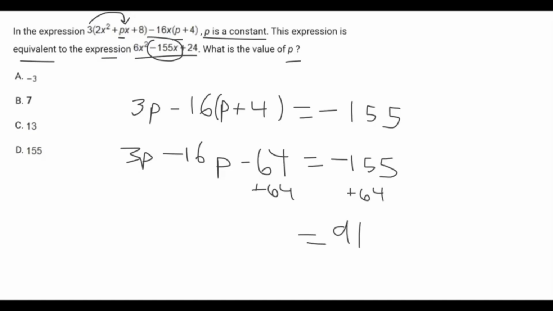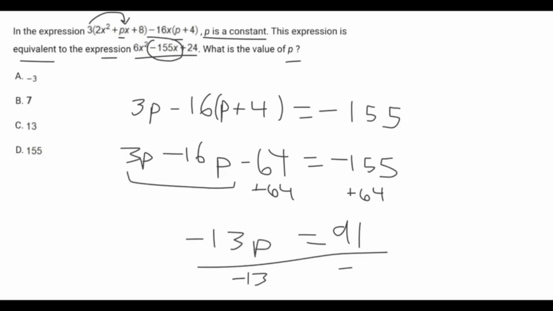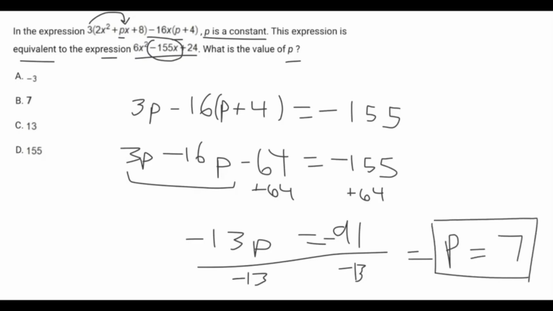And so now we're left with 3p minus 16p on the left side, and that will give us negative 13p. All right? And we can divide by negative 13. Oh, I actually made a mistake here. It's negative 91. That makes sense because a negative over a negative. So negative 91 divided by negative 13 gives us p is equivalent to 7. All right, so our answer choice is B.